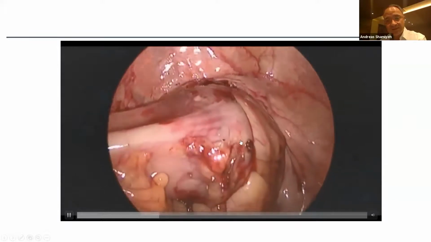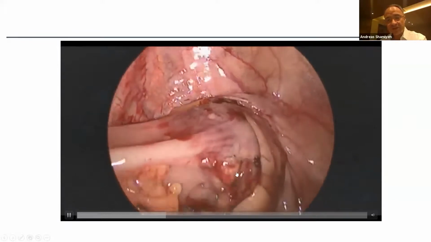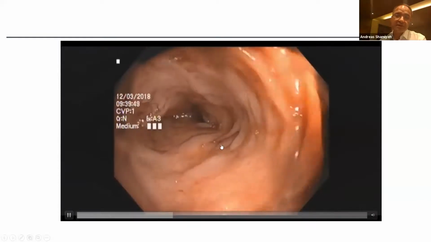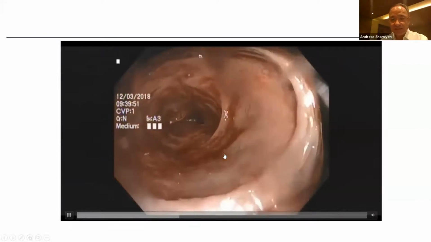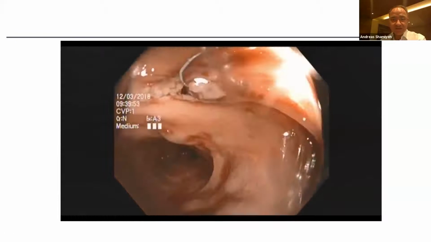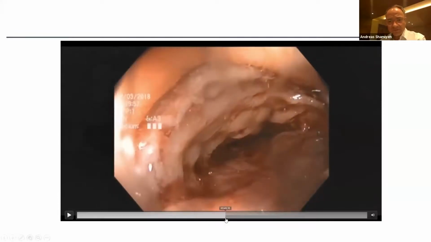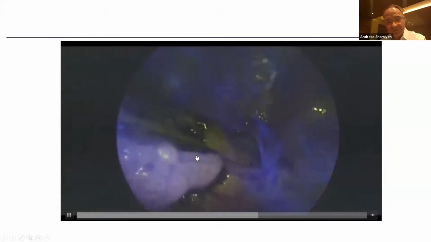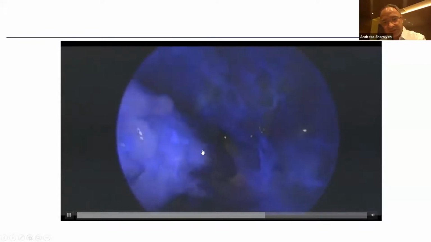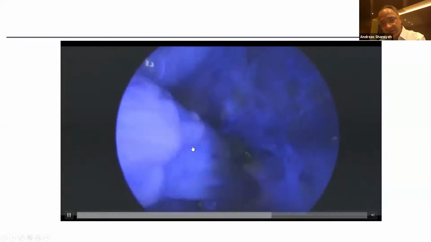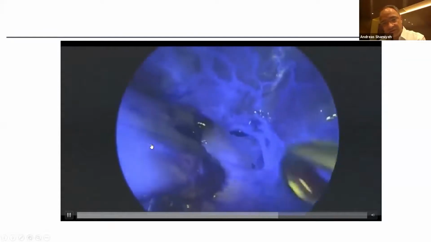You notice sometimes, if there's a big tension due to a big stapler, it looks a little darker. So we checked it inside, and we were not sure if the anastomosis was good. So we did ICG, and you can see the vessels going in first, and then you see there's just 2 centimeters where there's no blood supply.